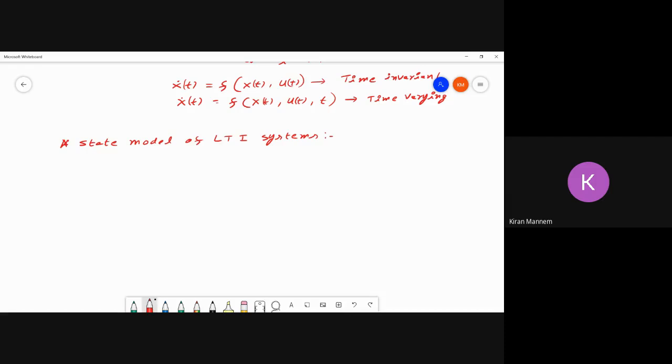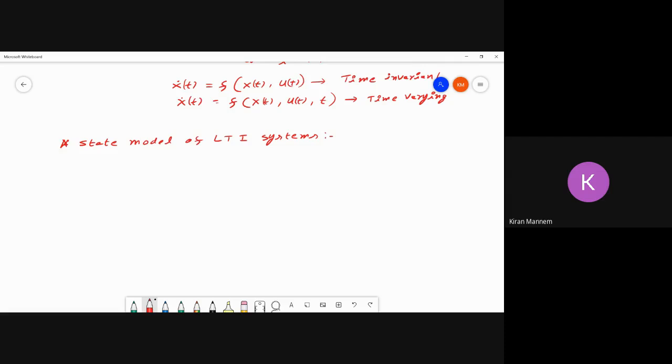So what are the linear time invariant equations? Again, the state equations are linear and first order differential equations. So each derivative of the state variable is a linear combination of the system states and inputs.